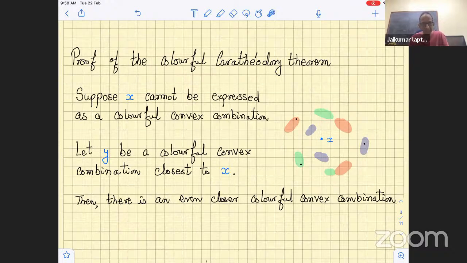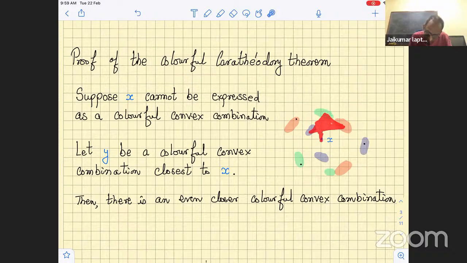What is the closest point? There are a finite number of colorful combinations that you can take. What is the closest point that you can realize using such a colorful combination? Now, I'll let you think about why this closest point should exist. One part I have simplified: I have said there are only finitely many combinations. But even if I fix a blue point, a red point and a green point, there are various convex combinations that can be generated by that choice.